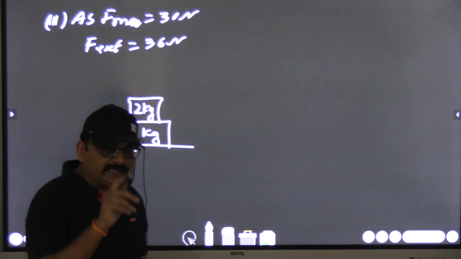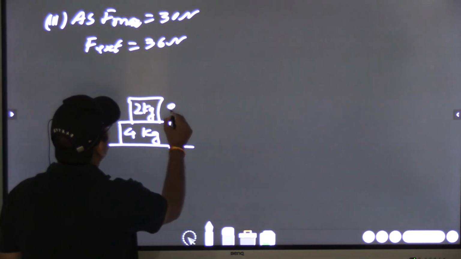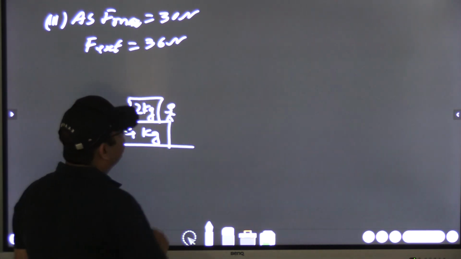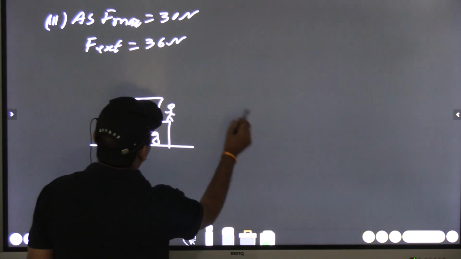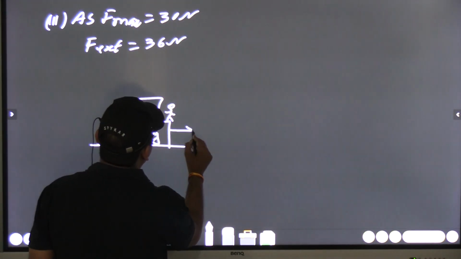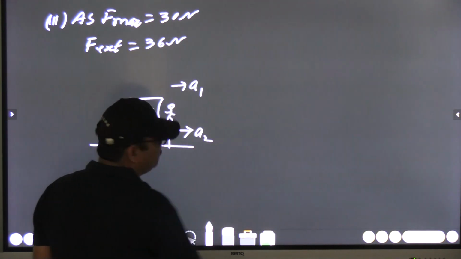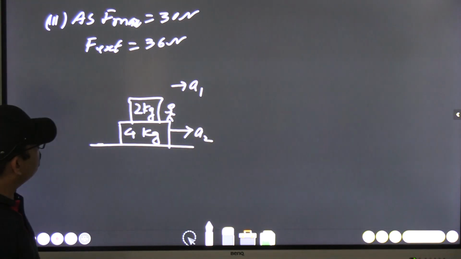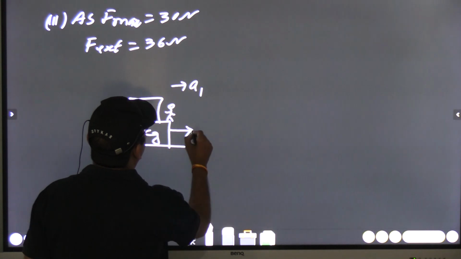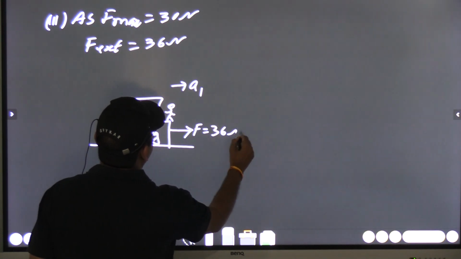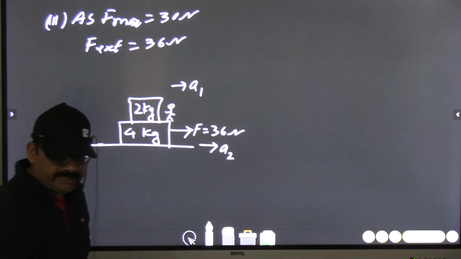To understand the impact of the pseudo force, let us consider the observer is standing on the lower body and the lower body is accelerated in this direction. Suppose the acceleration is A2 and the acceleration of upper body is A1. Because of the external force F equal to 36 Newton, suppose the acceleration of this body is A2, right?